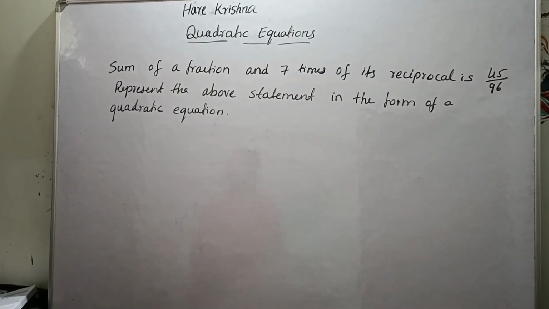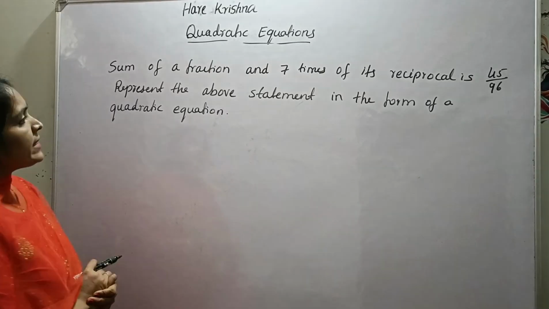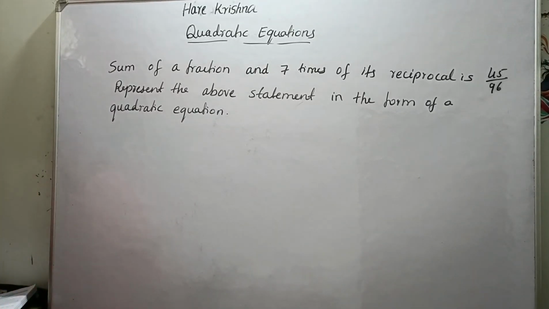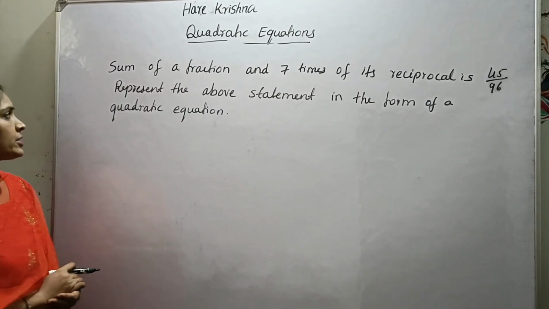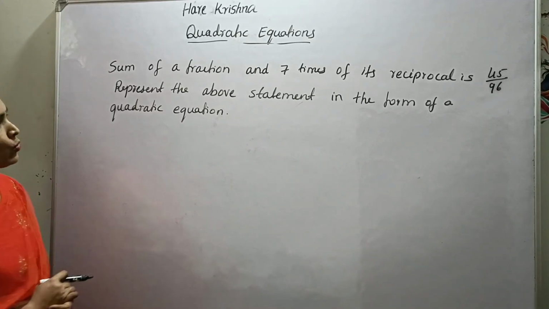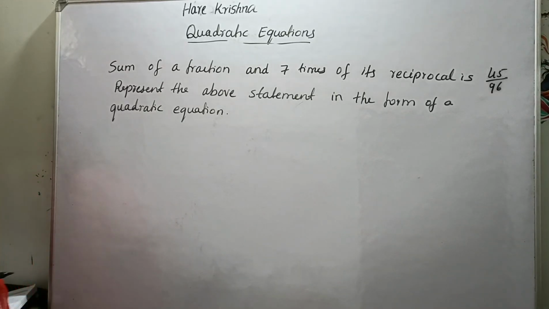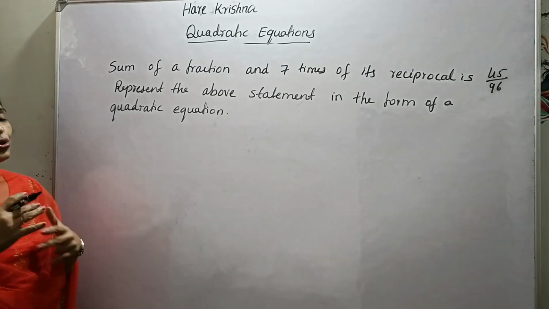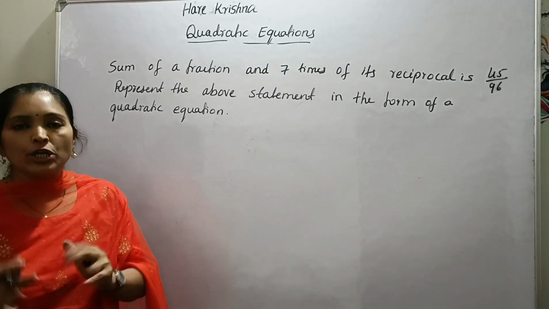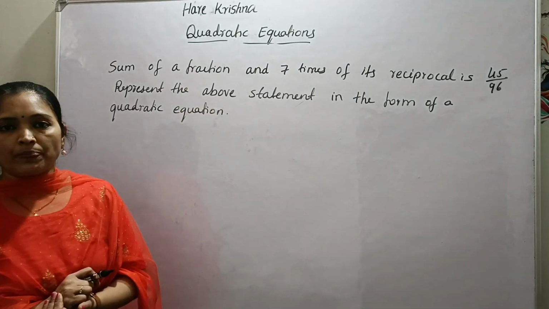Look at an example. Sum of a fraction and 7 times its reciprocal is 45 divided by 96. Represent the above statement in the form of a quadratic equation. So here we have to write a quadratic equation from this word problem.